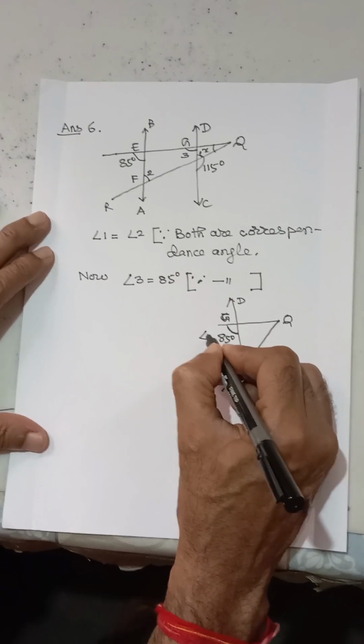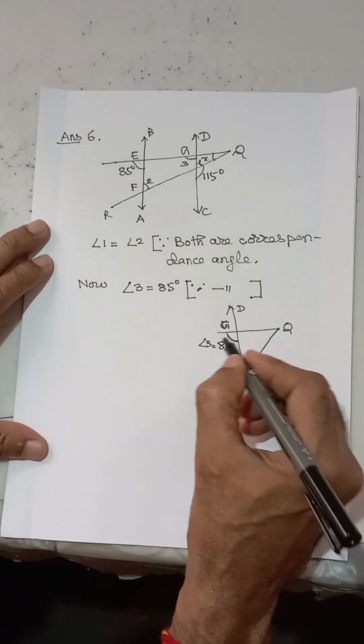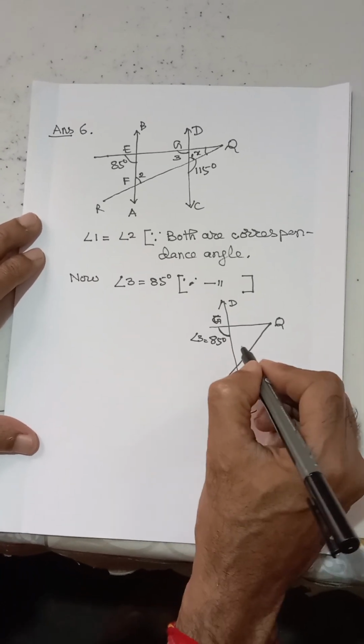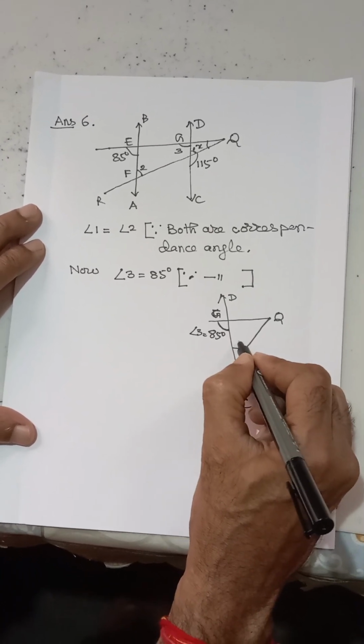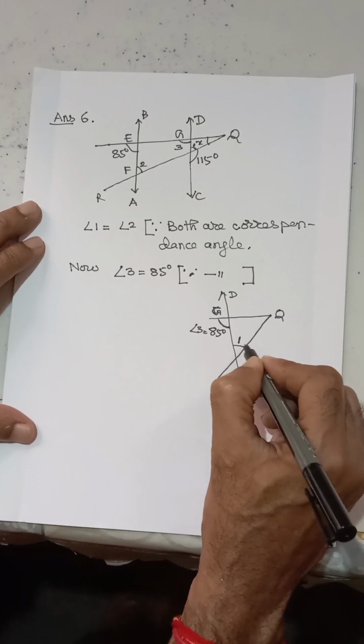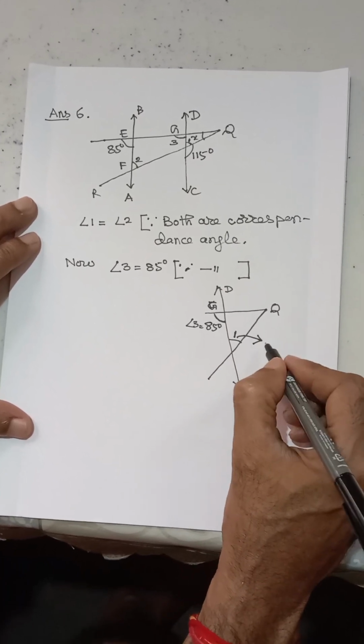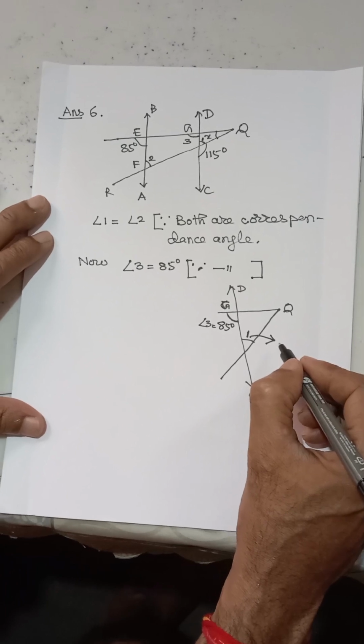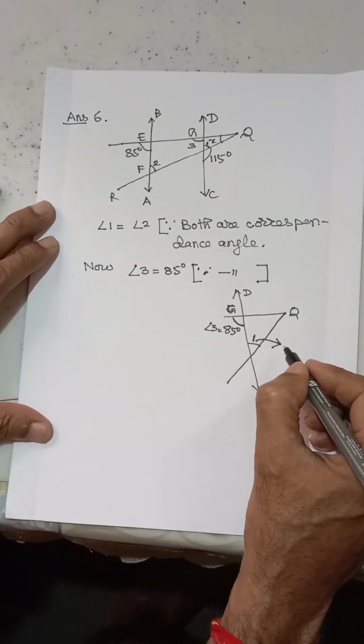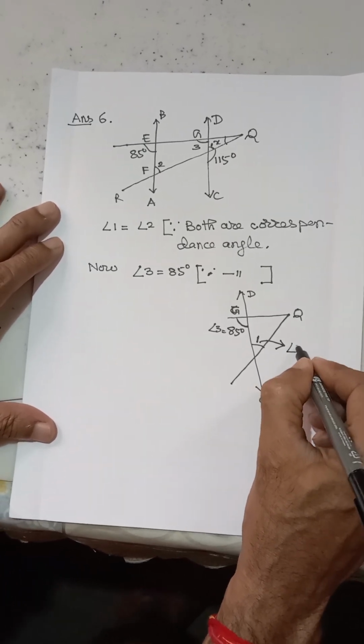Angle 3 is equal to 85 degree. And this angle 1 is equal to angle 2.